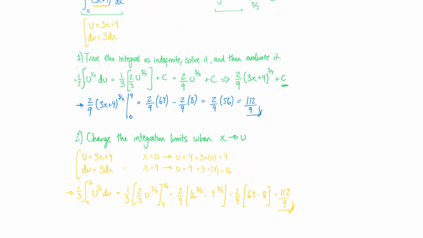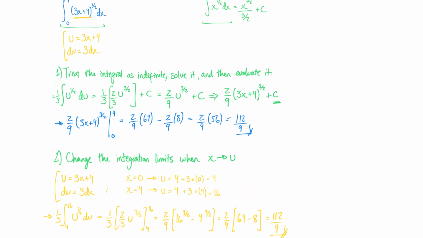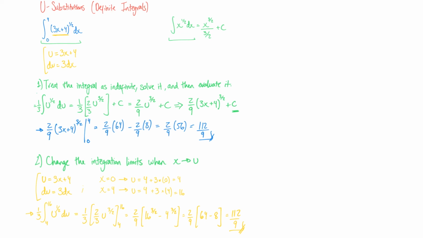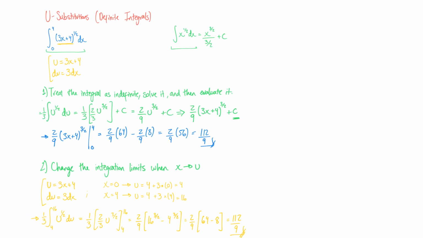So, as a quick summary, whenever you have a definite integral and you tell yourself, I need to make a u-substitution to solve this, because there are things being added inside the square root, too complicated to do anything else, you will always have two options.